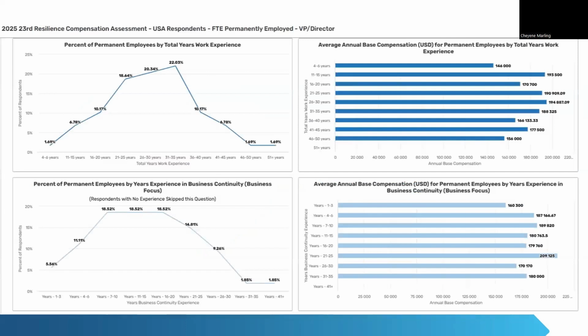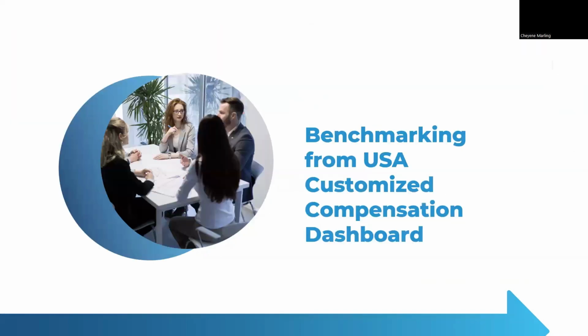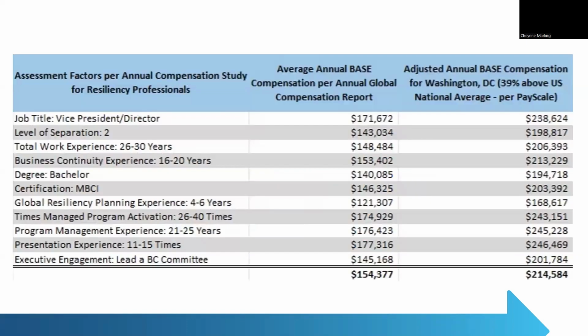The next screenshot mirrors what we saw before, mirroring the global dashboard, but only focused on VP/directors who are based in the USA. Now, if we benchmark compensation going back to our DC sample from before, we can see that the data from the complimentary report, all global respondents, is about $154,000 nationally, and then adjusted for DC at about $214,000.